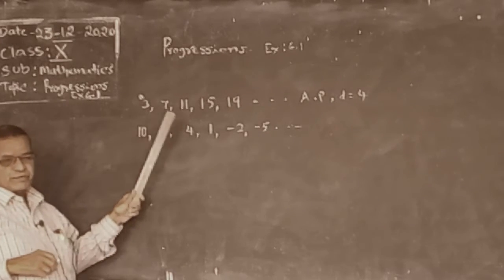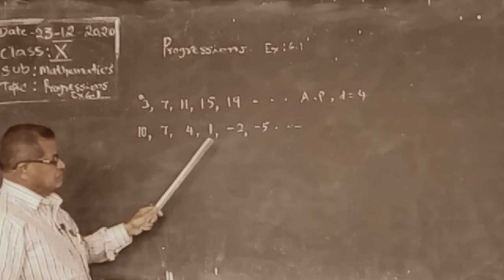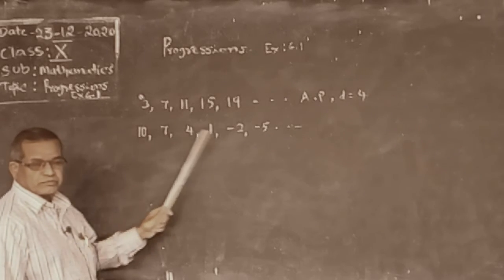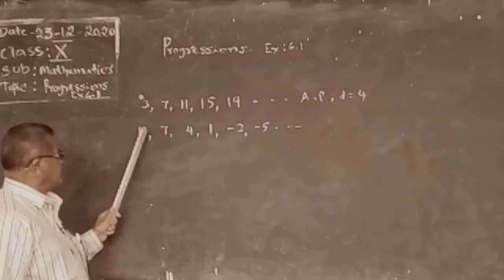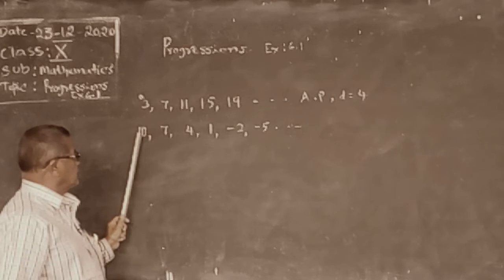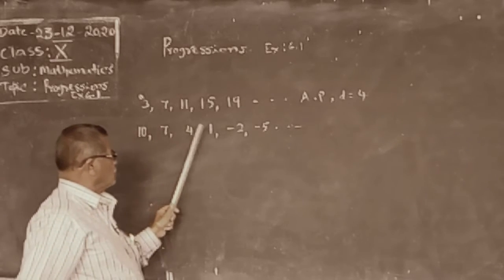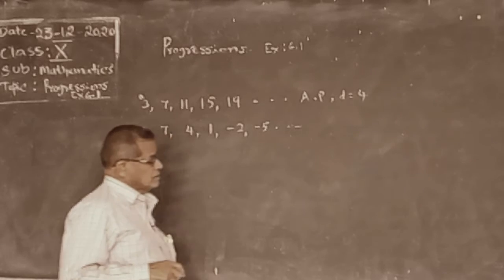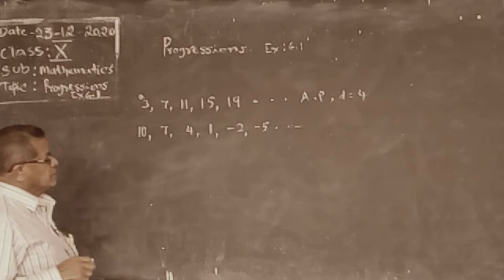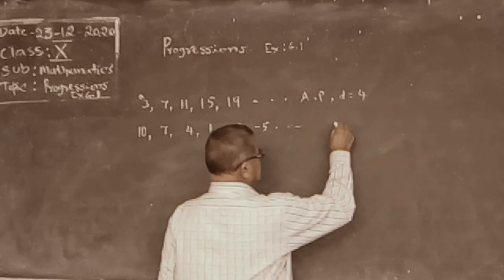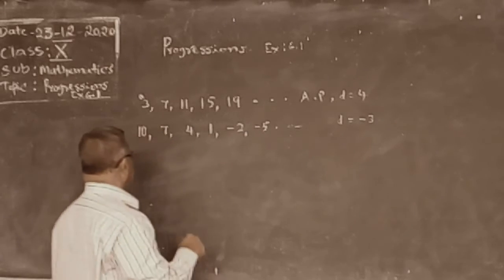It is a list of numbers obtained by adding a fixed number, that is D is minus 3, decreasing. 10 minus 7, 3, 7 minus 4, 3, 4 minus 1, 3, 1 minus 3, like this. Here D is minus 3. This is A.